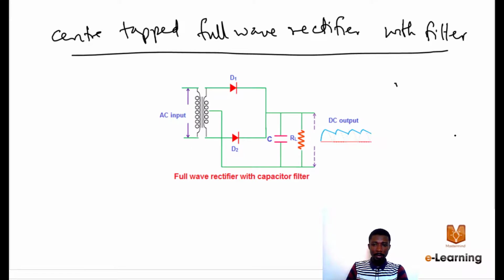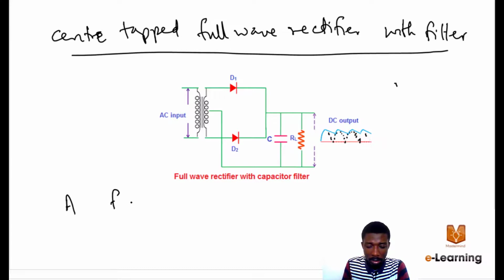This is a typical center tap full wave rectifier with a filter. These are your 2 diodes. This is your transformer. So a capacitor has been added to the load. So you see that what it has done is that it has removed the ripples. It has suppressed the ripples and given you a pure DC output instead of a pulsating DC output.